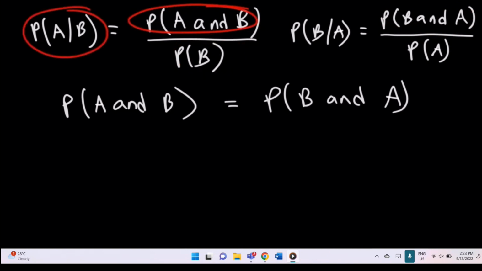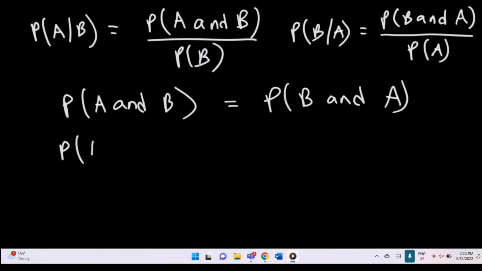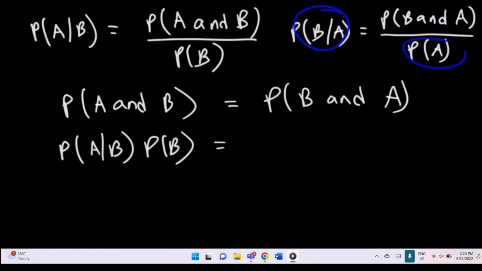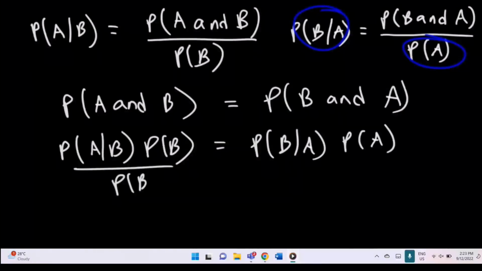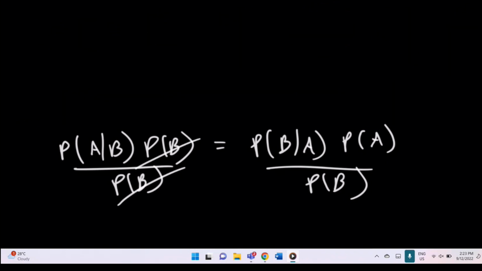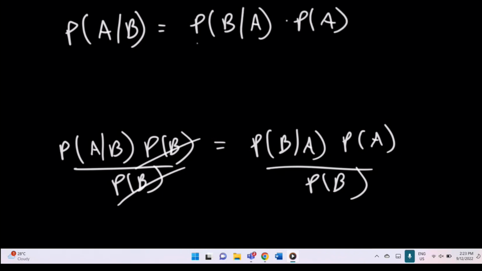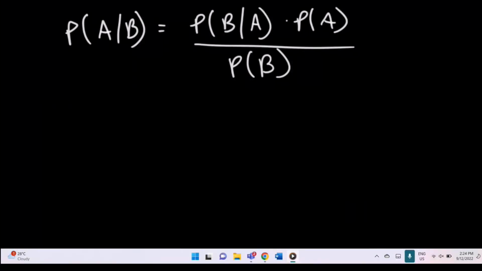Hence, the probability of A and B equals the probability of A given B times the probability of B, which equals the probability of B given A times the probability of A. Next, we divide both sides by the probability of B. This gives us Bayes' theorem: the probability of A given B equals the probability of B given A times the probability of A divided by the probability of B. As a conclusion, Bayes' theorem calculates the conditional probability given the reverse conditional probability and other probabilities. That's all about Bayes' theorem.